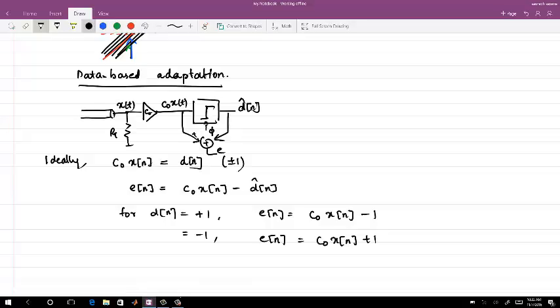Let's say xn is equal to plus minus 0.8. For xn equals 0.8 and C naught equals 1, in this example you have minus 0.2 error. For xn equals minus 0.8, this error is equal to plus 0.2.